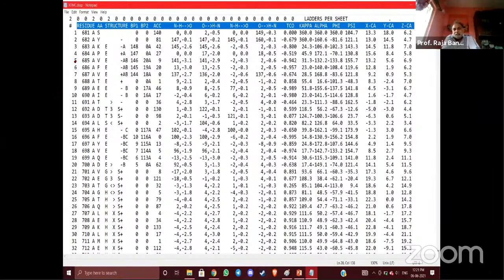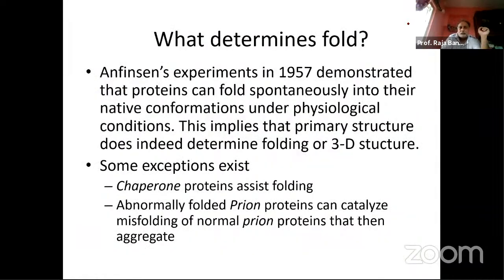And this is the XCA, YCA, and ZCA that is giving you the C alpha coordinates. So for a structural biologist, PDB is important because it will give you a structure, it will help you to understand, but the DSSP will give you the residue-wise information.